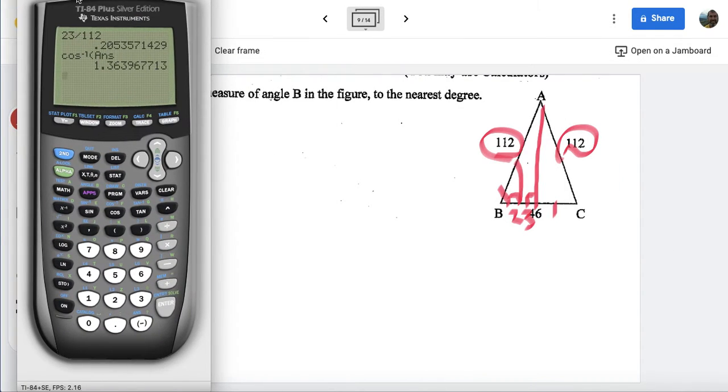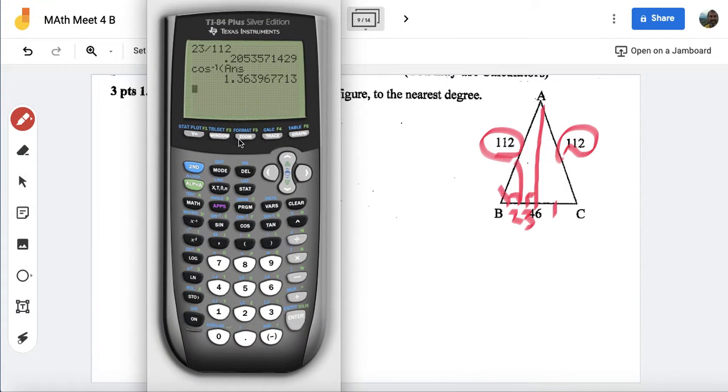Now what did they want us to round to? Nearest degree. Oh, I'm in radians. That's a good thing to check. I'm glad that happened. We want to make sure we're in degrees. Now go back to that. Go to the previous entry. Whoops, wrong one.